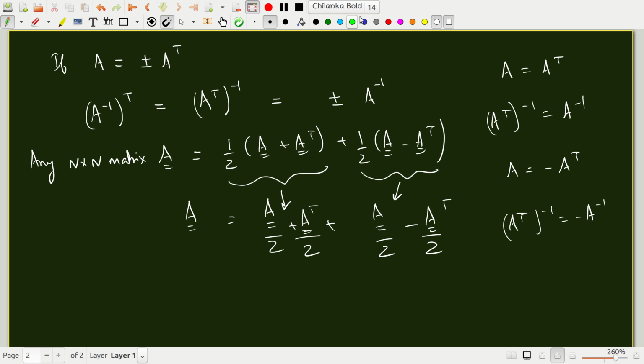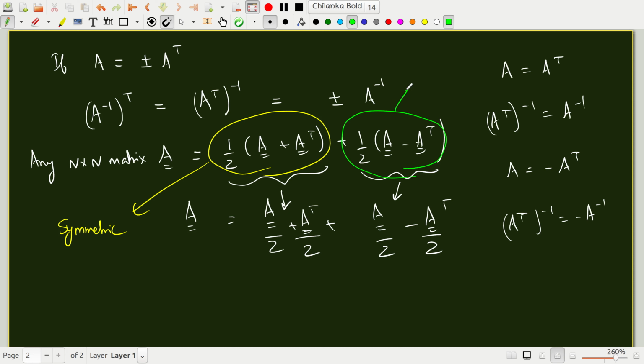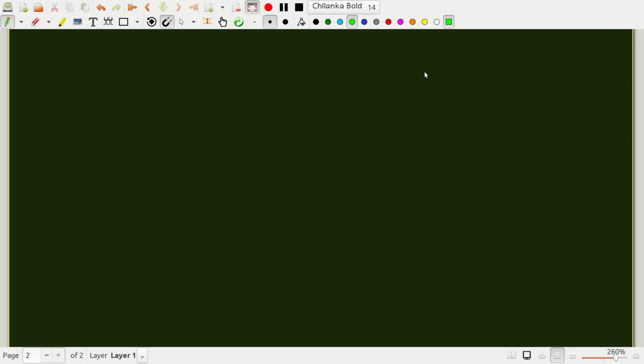Now you can verify that this is the symmetric part, whereas this is the antisymmetric part. Okay, so any square matrix can be written as a sum of a symmetric and an antisymmetric matrix.